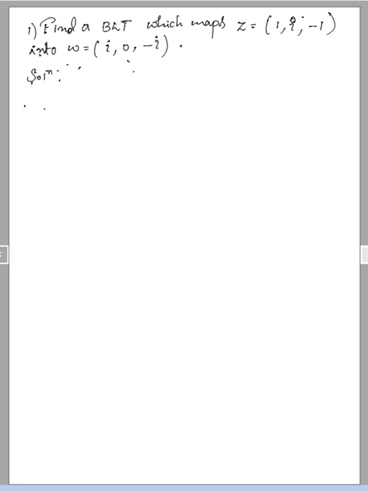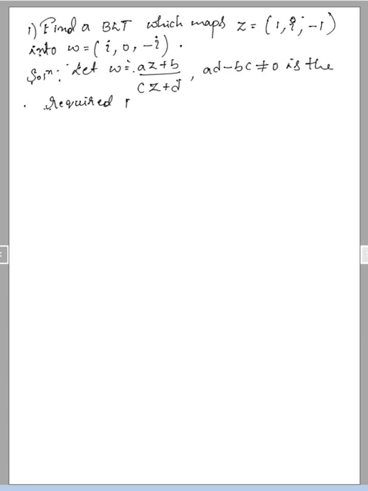We should define our requirement. Let W equal to AZ plus B divided by CZ plus D, where AD minus BC is not equal to 0, be the required BLT.